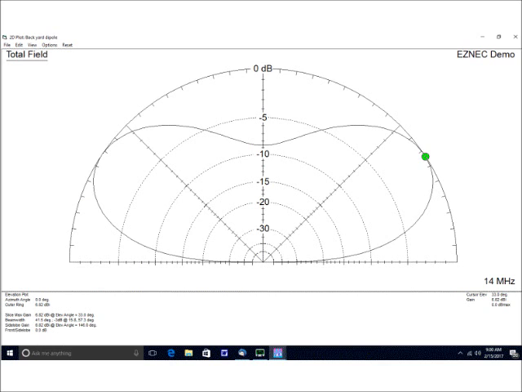The lower this takeoff angle, the better it works for DX, right? The higher this radiation angle is, the better it is for working close-in stuff, but you're not going to talk to too many people on the other side of the planet, right? So this is one of those patterns that you're going to see that defines an antenna. And this is that takeoff angle that they talk about.